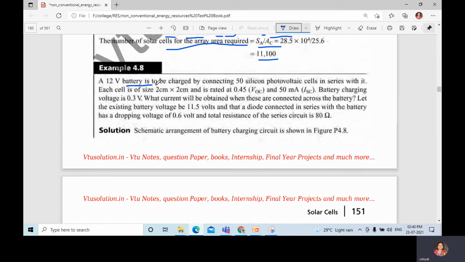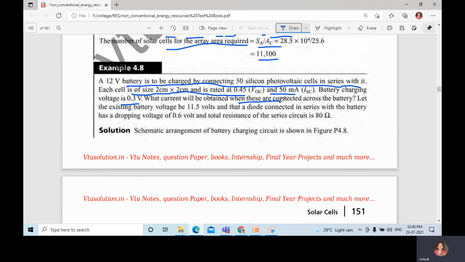A 12 volt battery is to be charged by connecting 50 silicon photovoltaic cells in series with it. Each cell is of size 2 centimeter into 2 centimeter and is rated at 0.45 volt and 50 milliamps. Battery charging voltage is 0.3 volt.